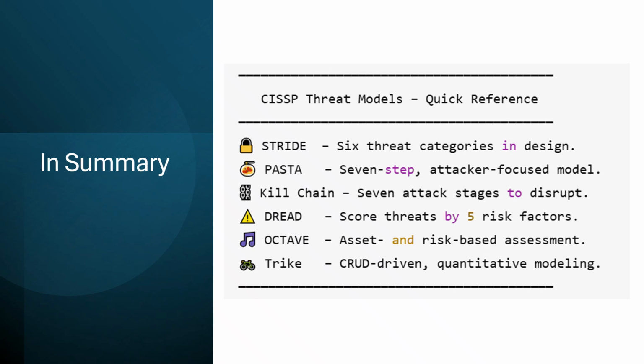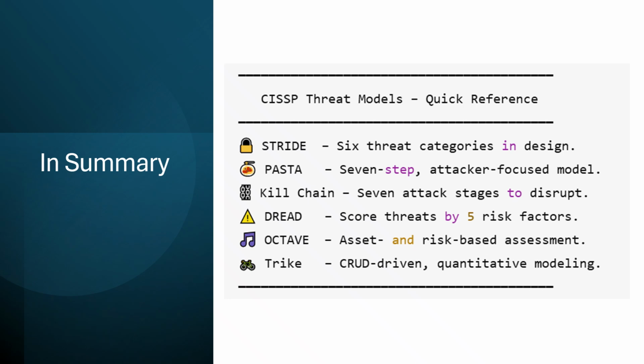Common models include STRIDE, PASTA, OCTAVE, DREAD, the Cyber Kill Chain, and Trike, each offering a unique perspective on identifying and prioritizing risks.